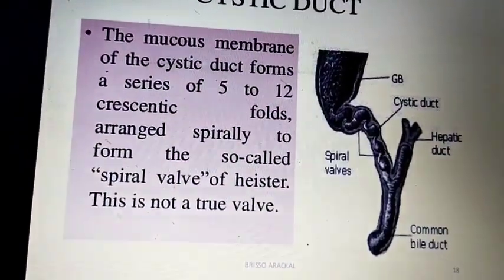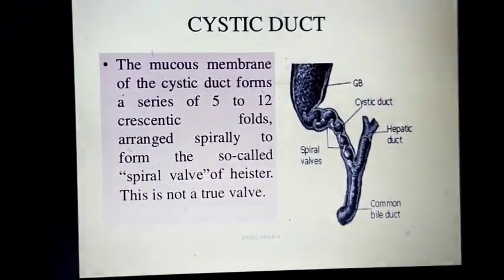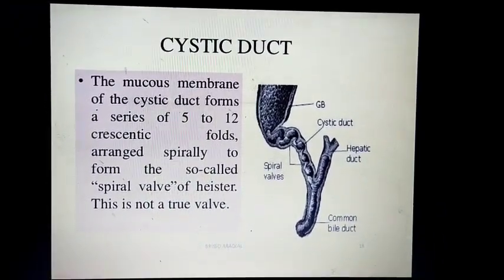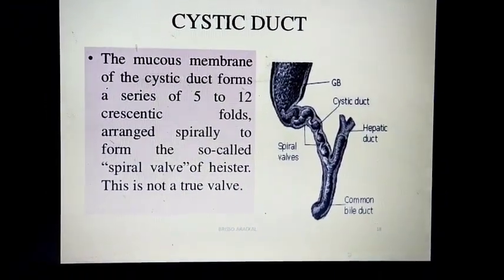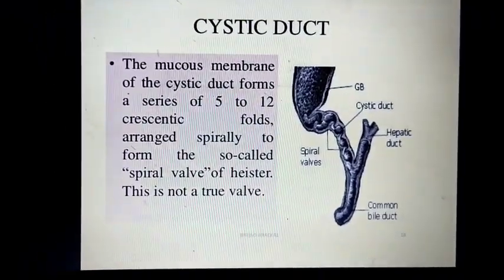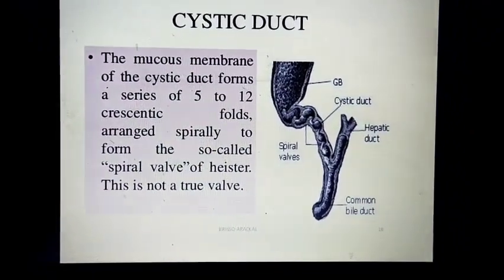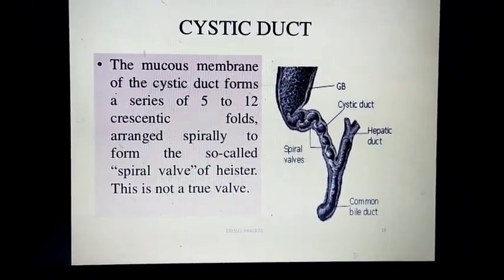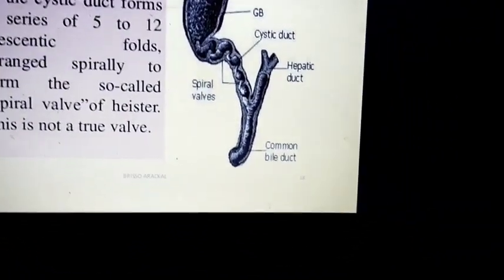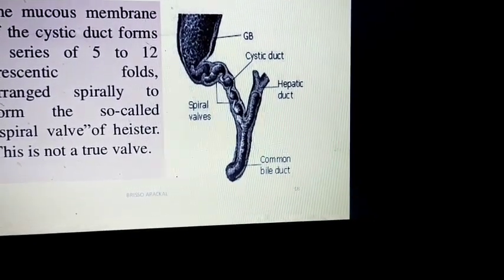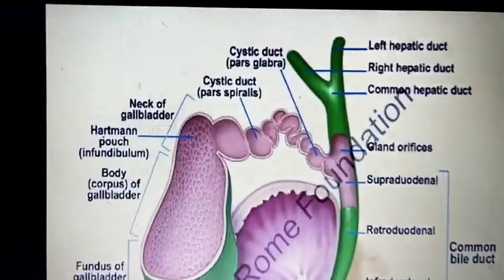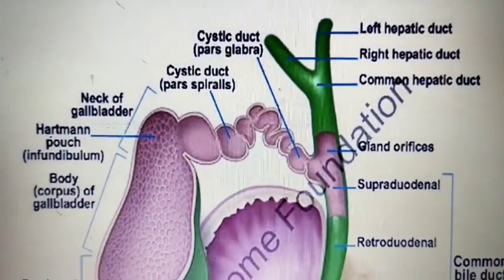The cystic duct has one peculiarity: the mucous membrane of the cystic duct forms a series of 5 to 12 crescentic folds arranged spirally, forming the so-called spiral valve of Heister. These are not true valves, but their mechanism obstructs the movement of gallstones. Two parts are there.